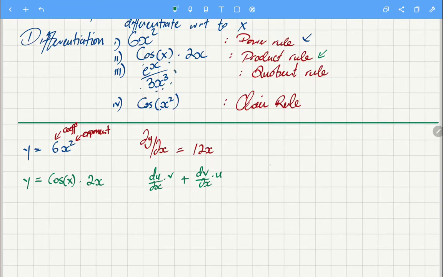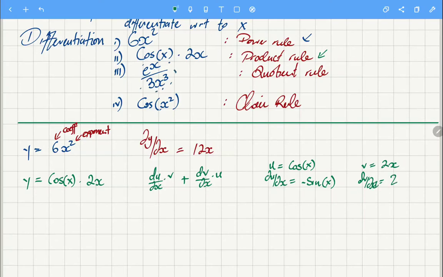Okay, so u is going to be cos x, and then my du over dx is minus sin x, and then my v is 2x, and then my dv over dx, sorry, my bad, is 2.